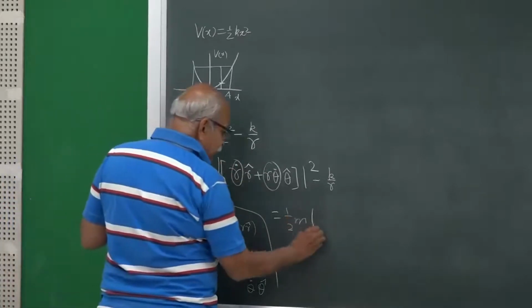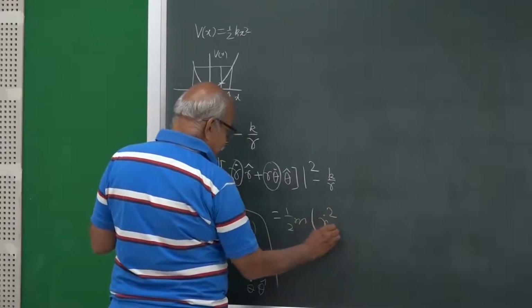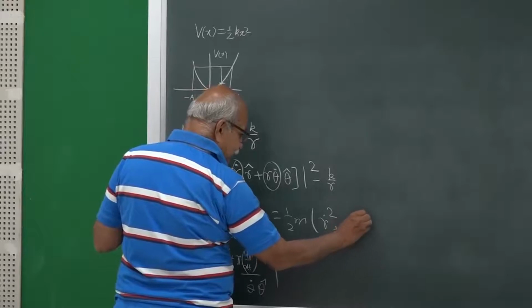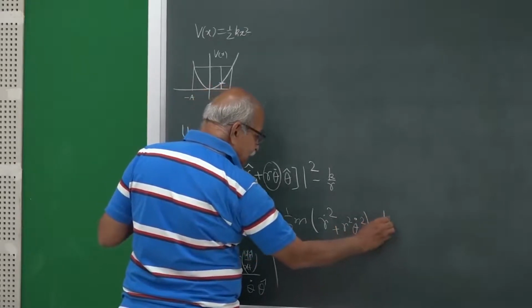So, this will be r dot square plus r square theta dot square, and minus k by r.